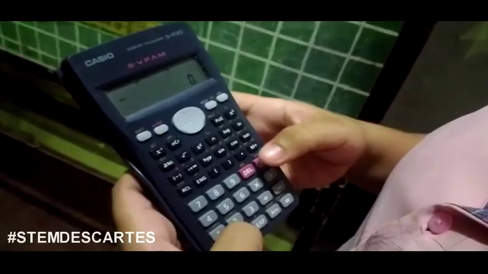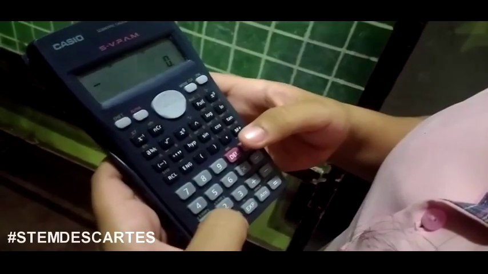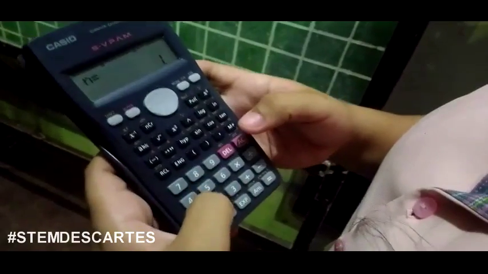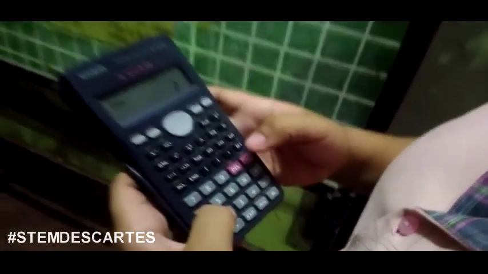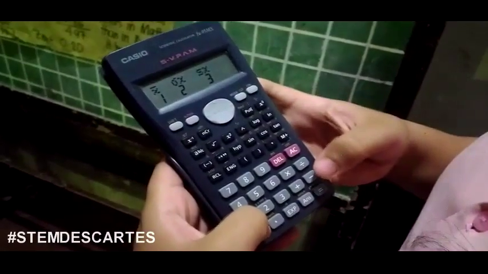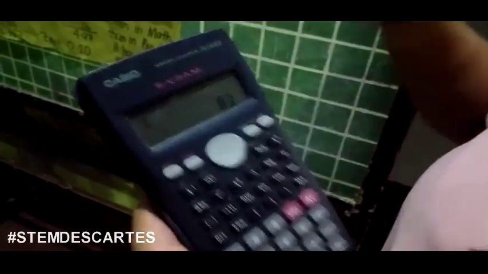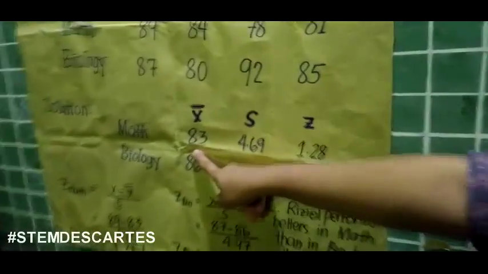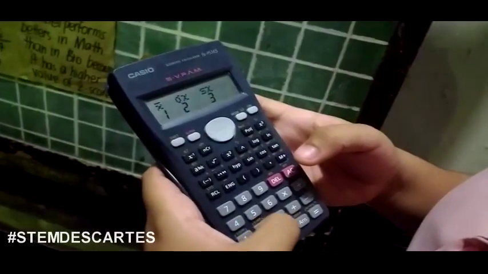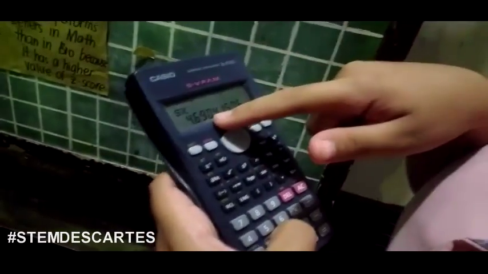Then encode all the scores: 89 M plus, 84 M plus, 78 M plus, and 81 M plus. Then shift 2, then to find the mean, press 1 equals 83. So the mean is 83. Next, shift 2, then to find the standard deviation, press 3 equals 4.69.